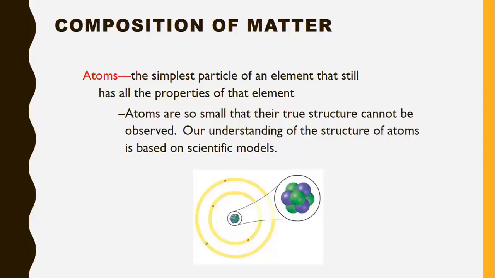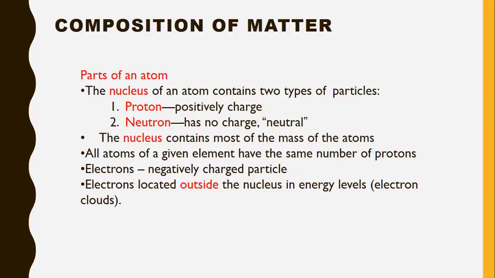So the parts of an atom, there are three subatomic particles: protons, neutrons, and electrons. In the nucleus, in that center part of the atom, there are two types of particles: protons, which are positively charged, and neutrons, which have no charge. And the nucleus, that's where all the mass of an atom is contained.